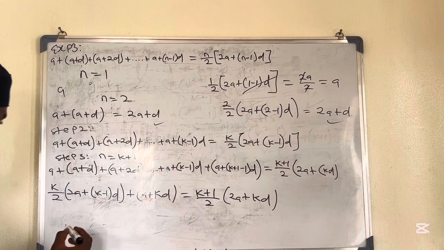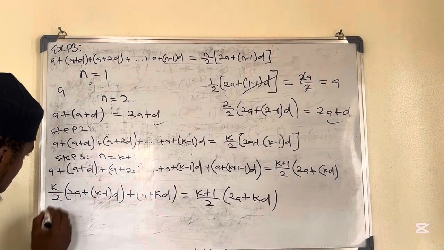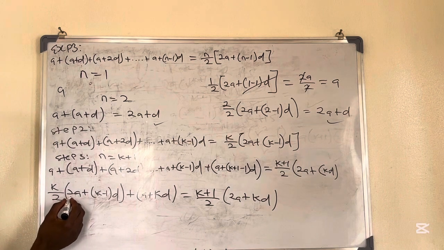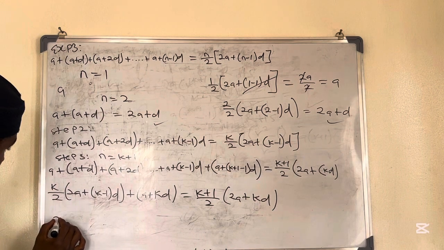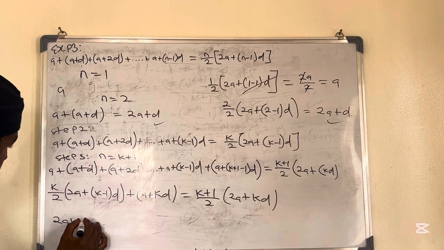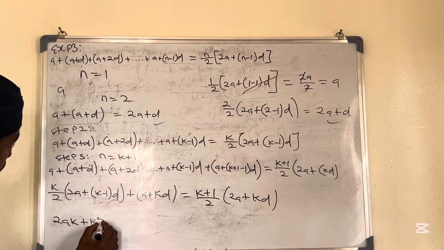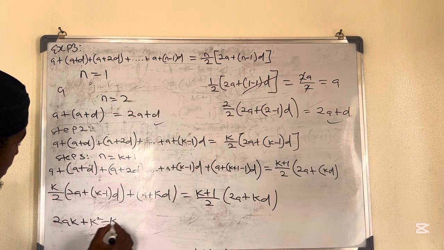So okay, let me just expand this first. So we have k into 2a, we have 2ak, plus k into k, we have k squared, k multiplied by minus 1, we have minus k.